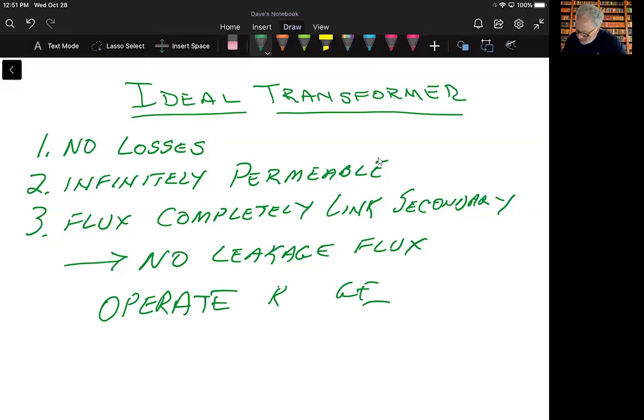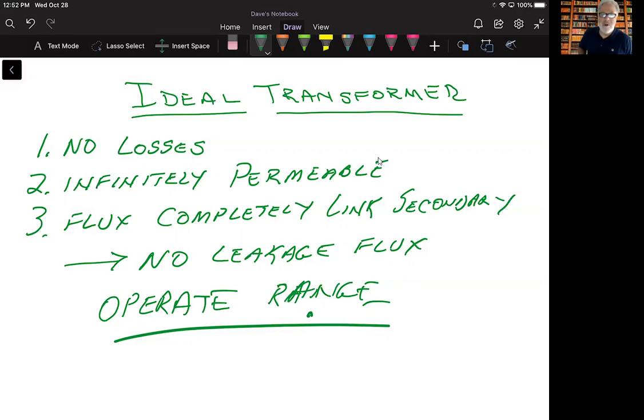Okay, now we could go out of this range and not see these characteristics, but if we operate them within a certain range, the practical transformer will very closely model the ideal. The practical will look like the ideal. So let's build this thing, and then we'll make some applications for it.